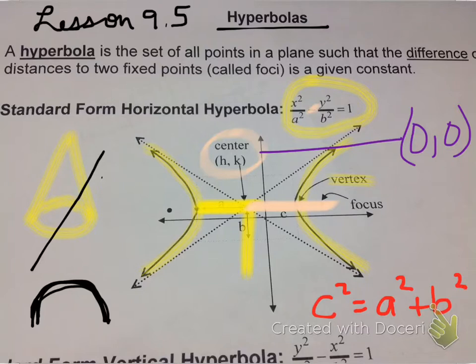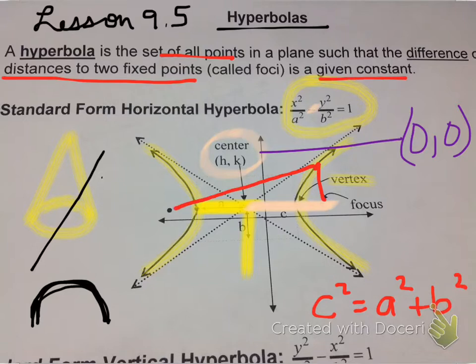So a hyperbola is the set of all points in a plane such that the difference of distances to two fixed points, called foci, is a given constant. It may be hard for you to tell what they're talking about here, but if we pick a point on the actual hyperbola, and then we measure it to the focus, and we measure it to the other focus, and we subtract, then we're going to have a given constant.